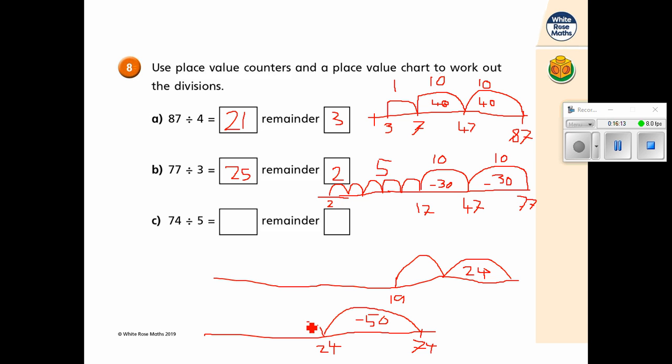And then we get to 19, and then 14, and then 9, and then 4. So we've taken away 1, 2, 3, 4 there, plus another 10 is 14. So the answer is 14, and the remainder will be just 4.